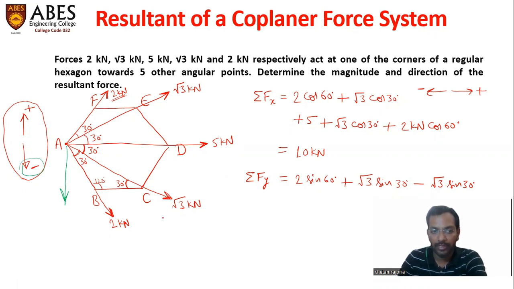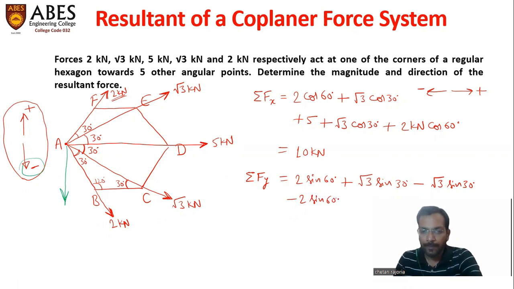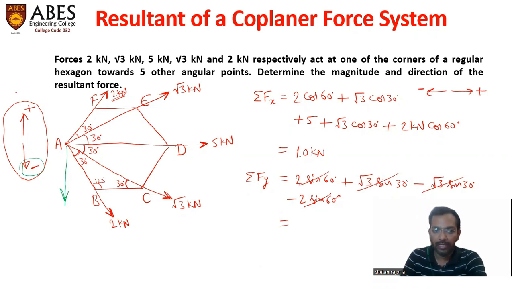It's 2 kilonewton sine 60 degree. So clearly, the terms in this expression are cancelling out each other. This term is cancelled by this one, and this term is cancelled by this one. Therefore, we can conclude that the summation of all the vertical components of these 5 forces is 0.